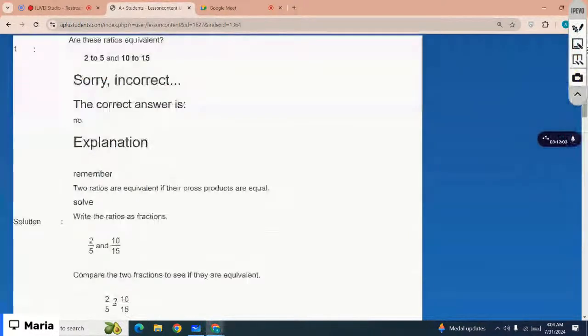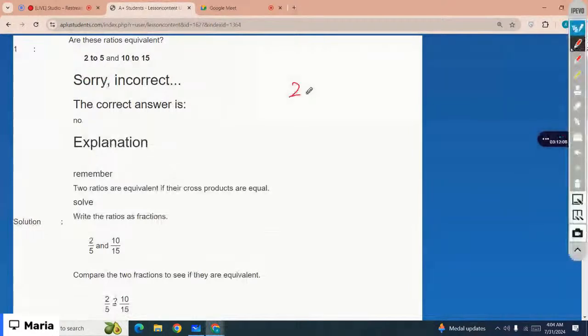Two ratios are equivalent if their cross products are equal. So they are 2 to 5 and 10 to 15. Cross product means you multiply the numerator of this fraction, 2, by 15, and the denominator of this fraction, 5, by 10, right?